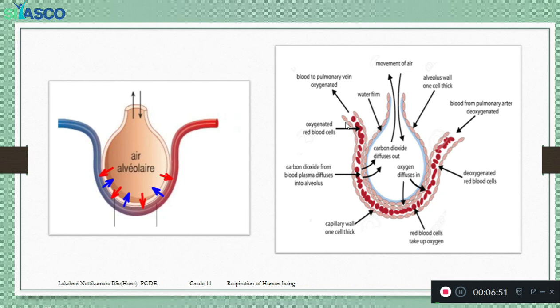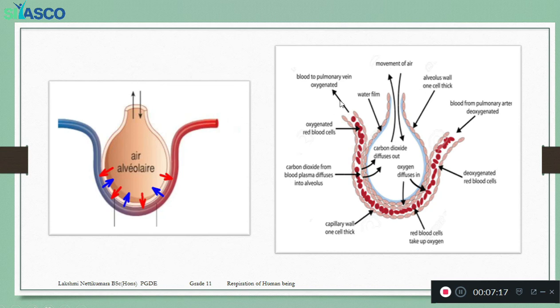Same thing, carbon dioxide within these blood capillaries is high. Carbon dioxide is less inside the alveolar sac. So what will happen? Carbon dioxide from blood plasma diffuses into alveoli. Then this carbon dioxide goes out as the exhaled air.